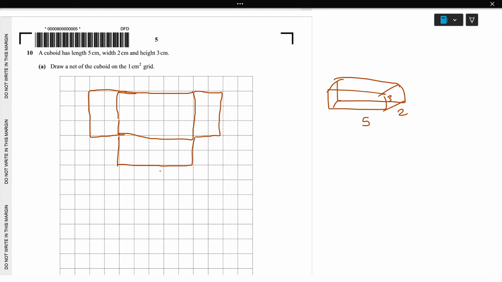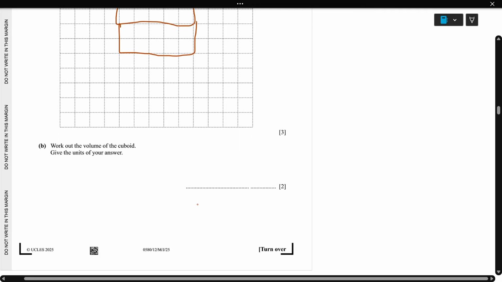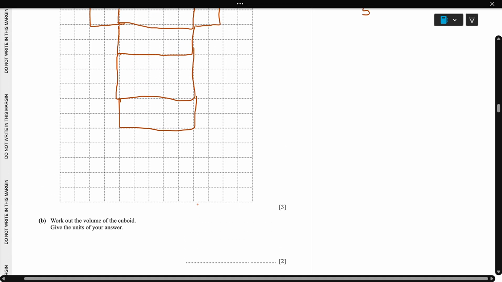Next the front side, which is 3 and 5. Then the top one is 5 and 2. This is the net.